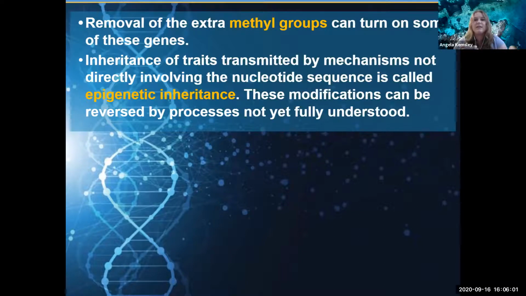So the idea of packing, the idea of removing extra methyl groups, all of those things are not changing the sequence of the DNA, but they are affecting gene expression. So that's epigenetics, and that can actually be passed on. And these modifications can be reversed. We know that they can be, but we actually don't know how yet.